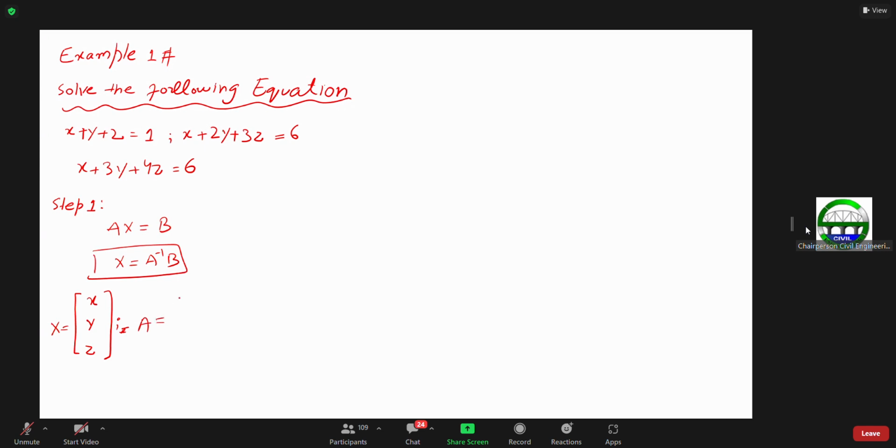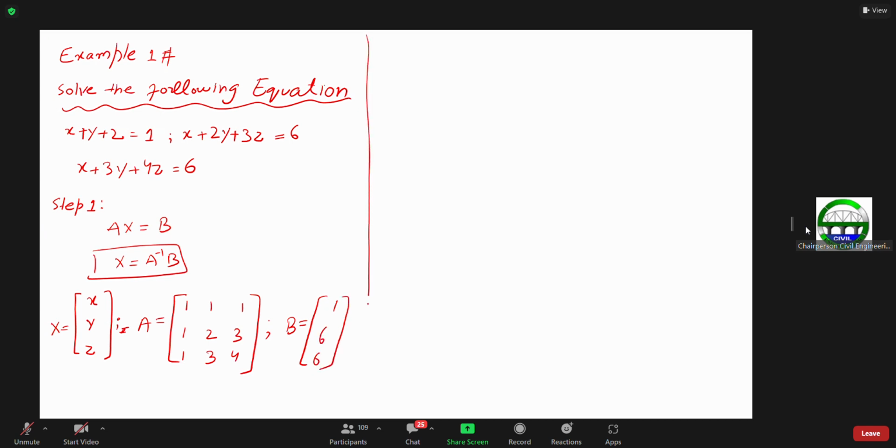A is equal to the matrix with rows 1 1 1, 1 2 3, 1 3 4, and finally we have B. B is equal to 1, 6, 6. We have this example.